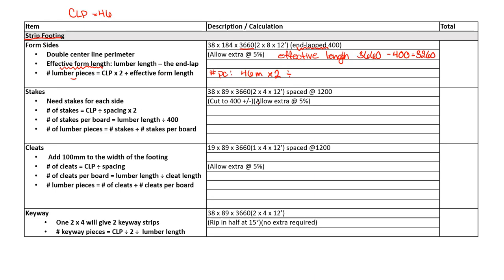If the effective length is 3,260 millimeters, I need to put that in meters. You'll notice we did a lot of meters and millimeters conversion. 3.26 is the length we would use. So watch for meters.